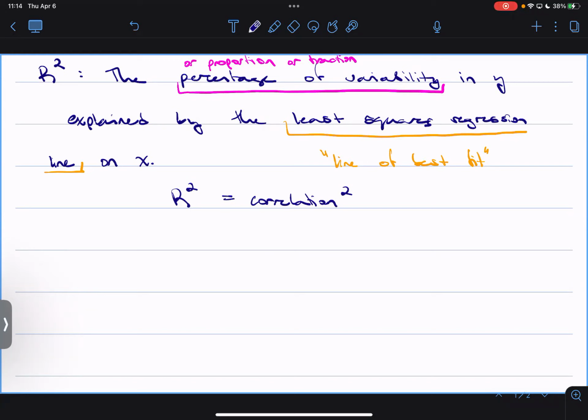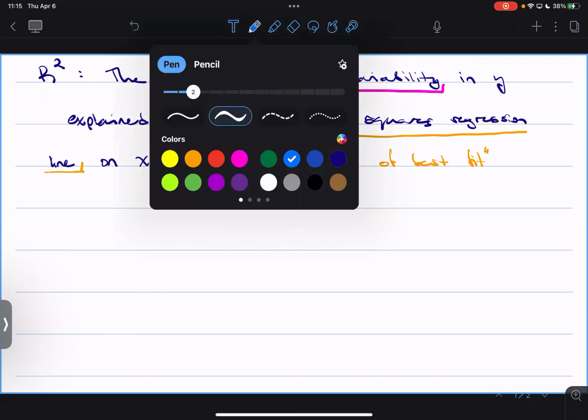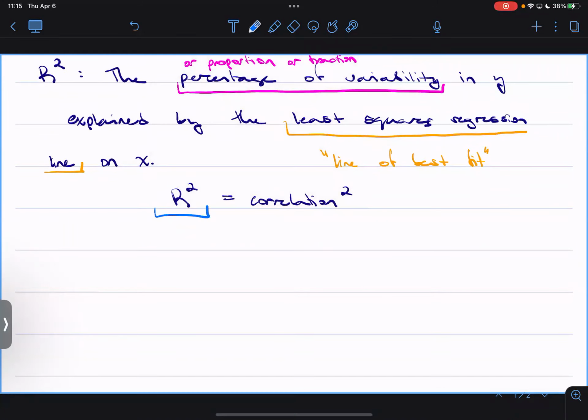And so now R squared is between 0 and 1, which is a percentage, or a proportion. Right, so the correlation is between -1 and 1, but when I square it, the negatives become positive, and it just flips it to be between 0 and 1. Okay.